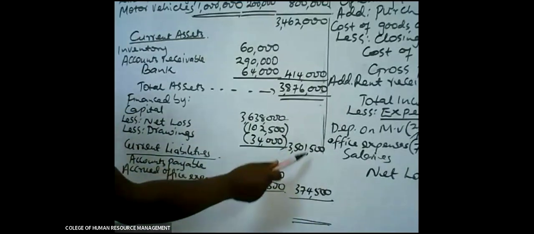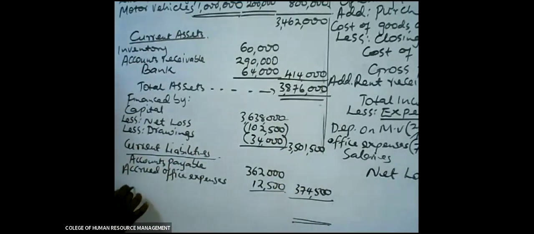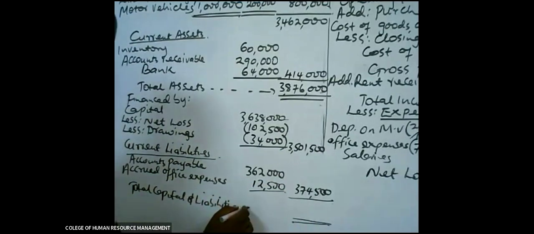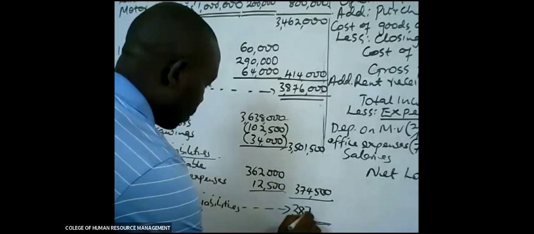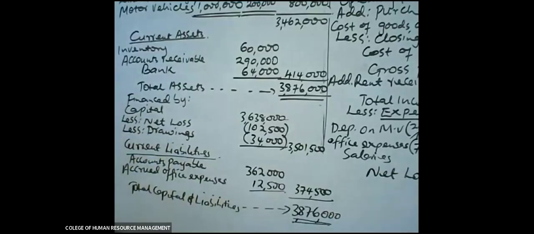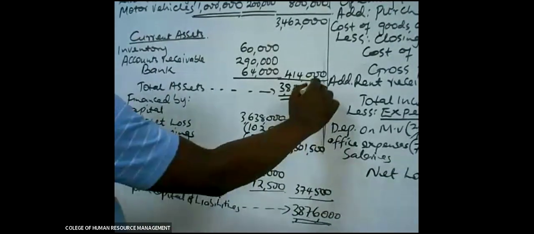This is the closing capital, and this is the current liabilities. That gives us the total capital and liabilities, which is 3,876,000, the same as this one.